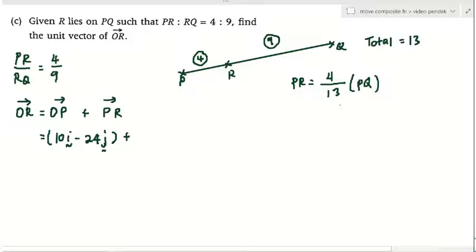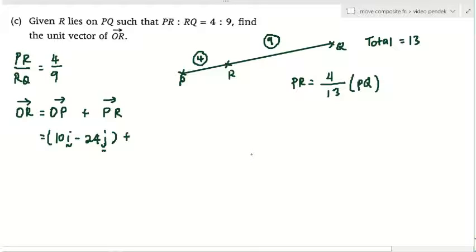This is the representation of a ratio that you must learn and understand, because it is applied in all chapters, not just in vector. It usually comes out in vector and coordinate geometry, and any diagram and graph.